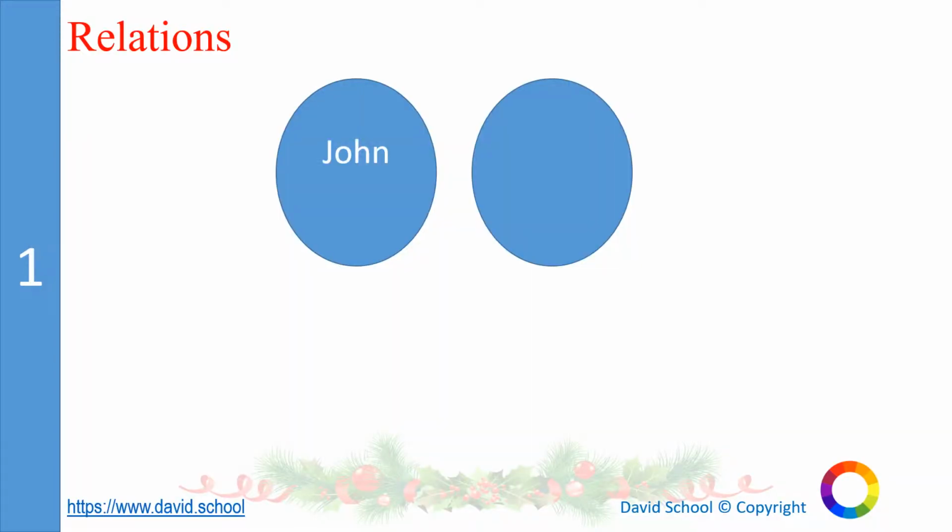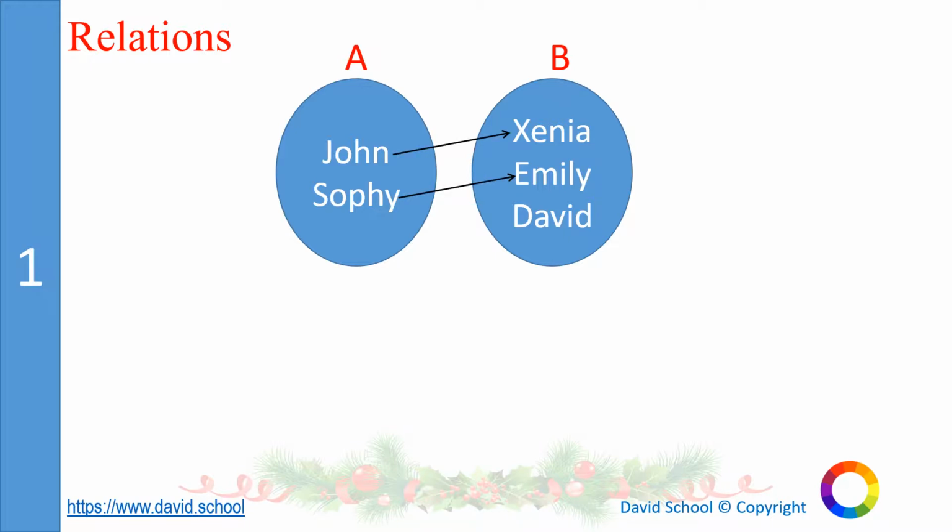Here in set A, John and Sophie, for example, they are parents. In set B, we have Xenia, Emily, and David, the children. They may be related this way. We can map them, so we can call it a relation.